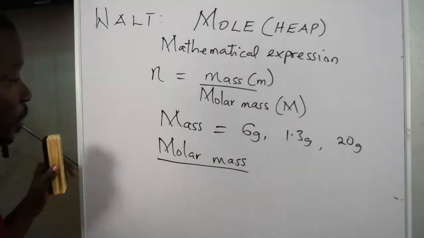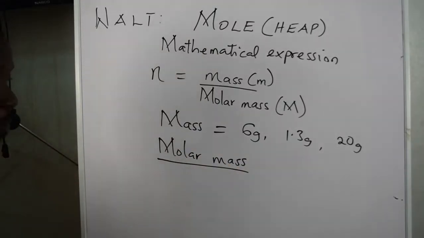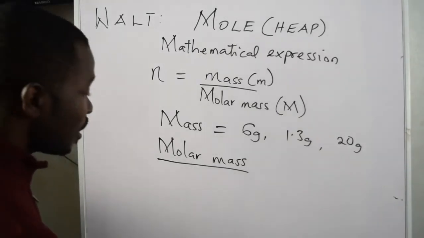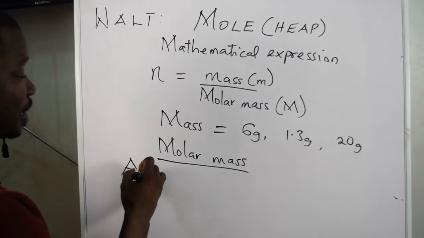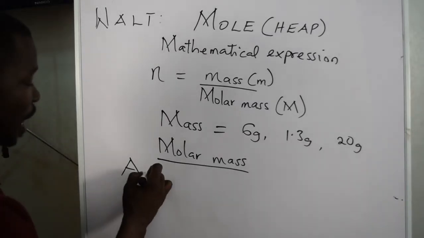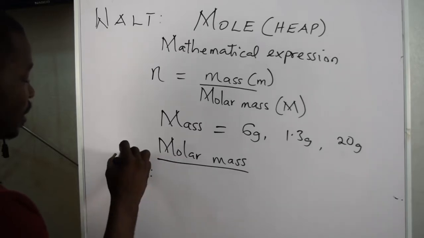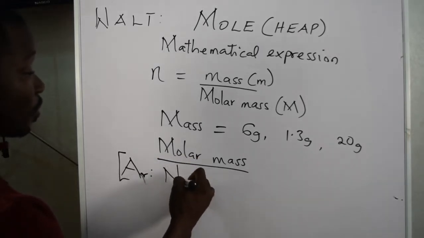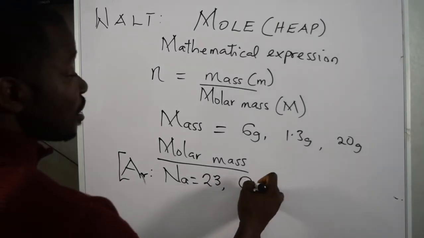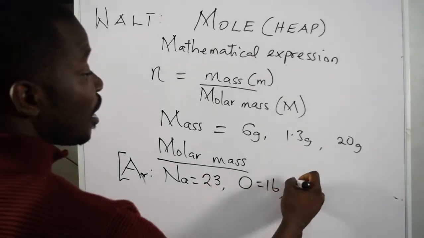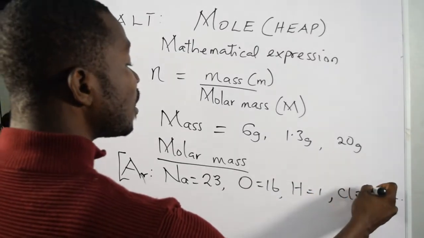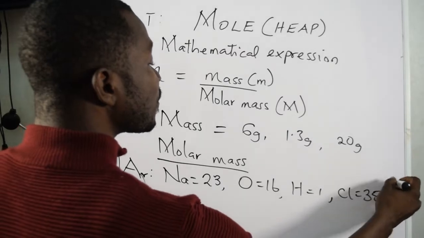Now, anytime an examiner wants you to calculate for molar mass, it will give you the relative atomic number. So you see something like this, AR, and then it gives you maybe sodium 23, oxygen 16, hydrogen 1, chlorine 35.5.